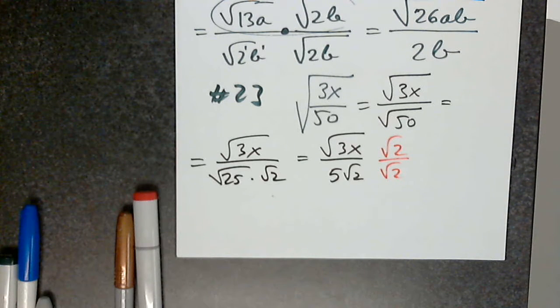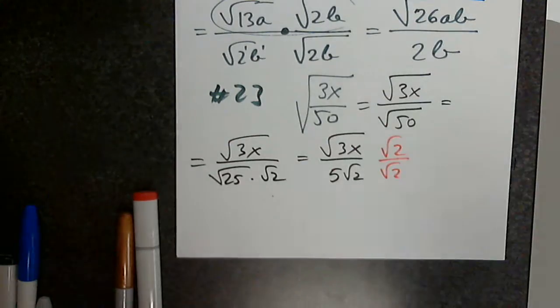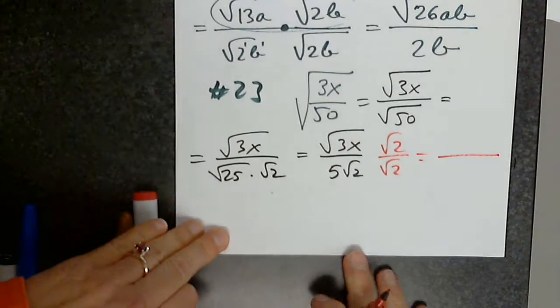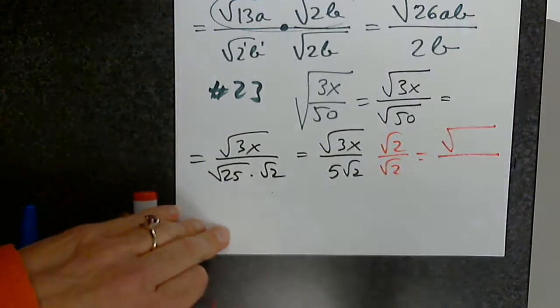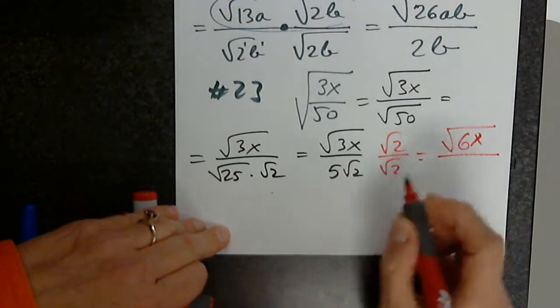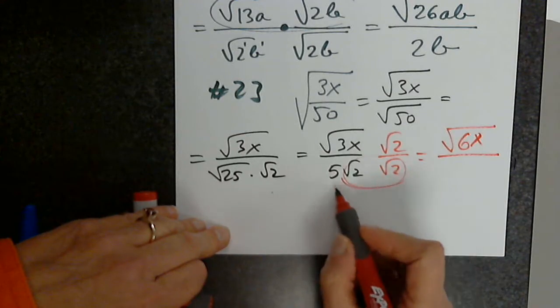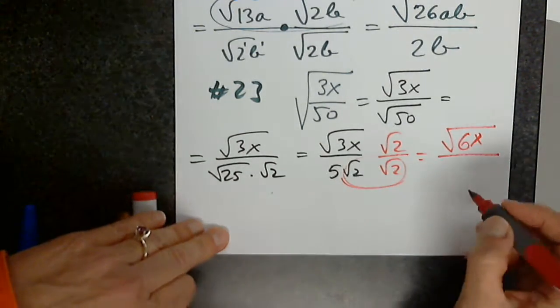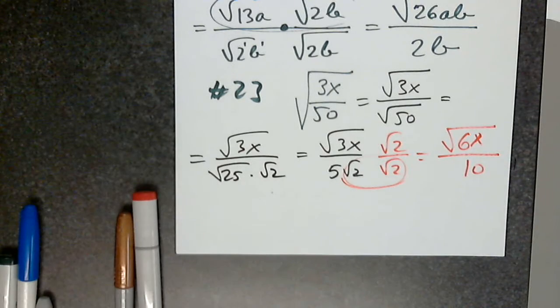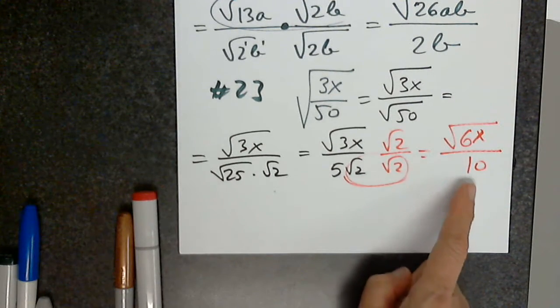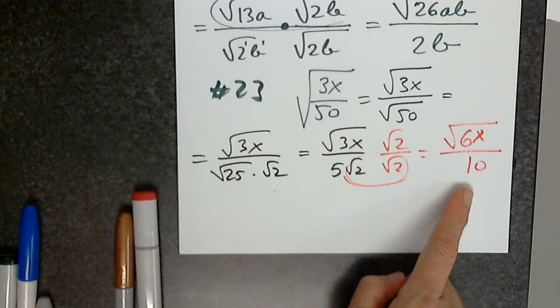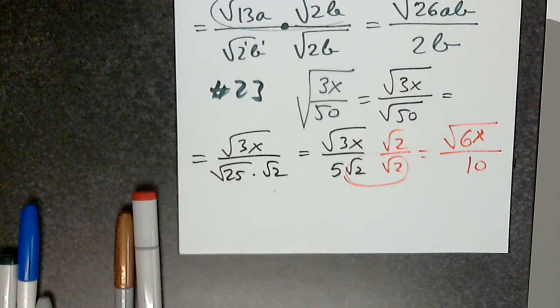It doesn't have a radical. 5 can stay in the denominator. The square root of 2 cannot stay in the denominator. So then the numerator is the square root of 6x indeed, and the denominator, perform this product first and then multiply by 5. That's it. Do not be tempted to simplify the 6 under a radical with a 10 outside of a radical. That will be a terrible mistake.